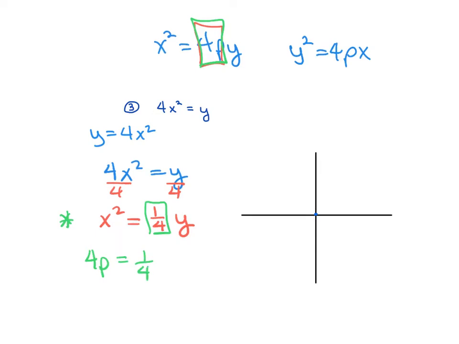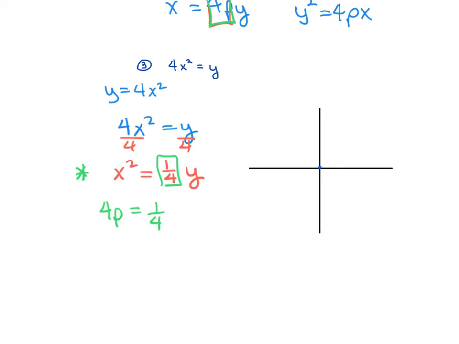My goal is to solve for p here. Now I can do two things here. I could do it traditionally: divide both sides by 4, and now I get p equals 1/4 divided by 4. If I do a keep-flip-change, I get p equals 1/16.